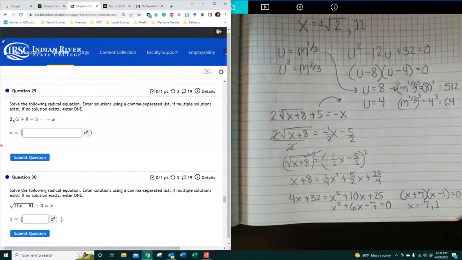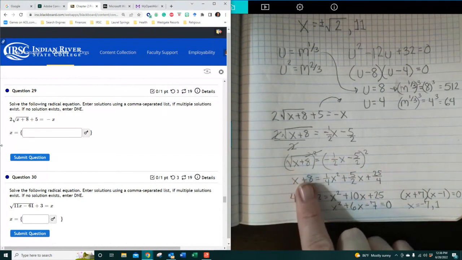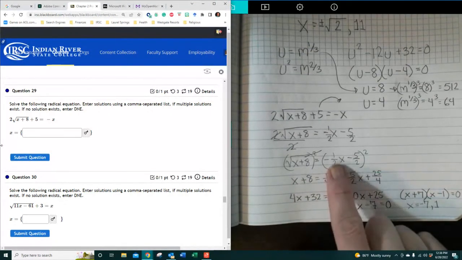Now, the thing that we want to be careful with is that when we got to a point where this was isolated, we don't want to get a negative value. So when we take -7 times this, that's going to give us +7/2.